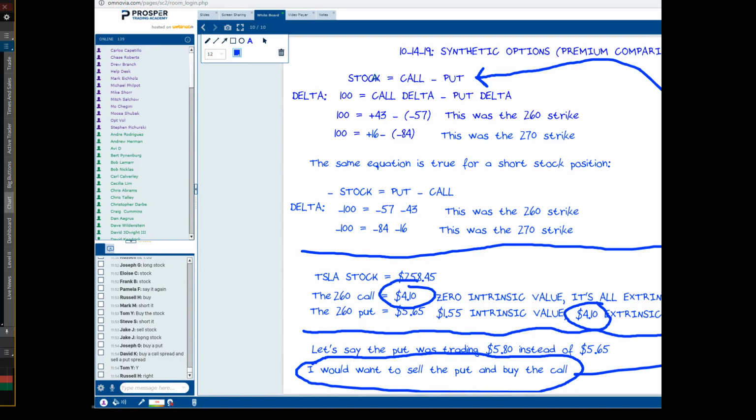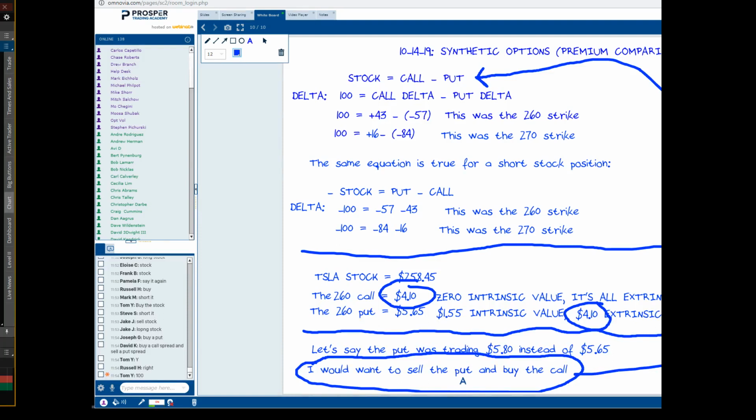If I want to get back to a delta neutral or zero delta position, being long the call and short the put, I have how many deltas? Okay, we figured it out up here, but if I have a long call and a short put at the same strike, I have how many deltas?